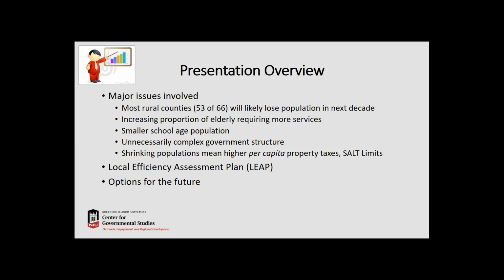It was all permissive legislation. The idea was: what can we do to give options for local leaders to adjust their governmental structure or make changes they didn't have in the past? So this is pretty much the background on the LEAP program as we're doing it.